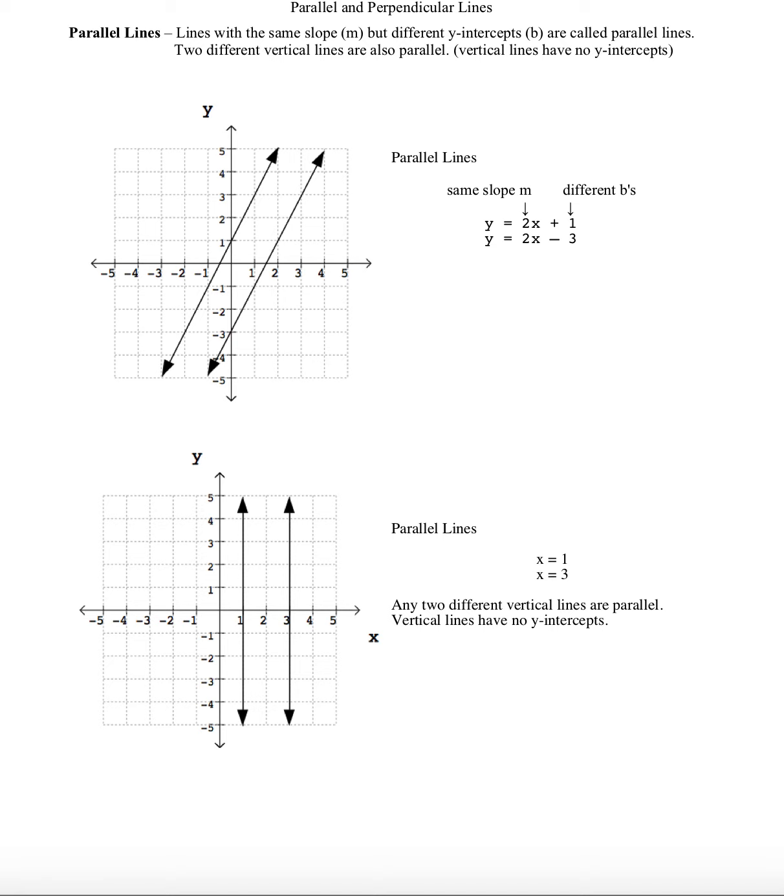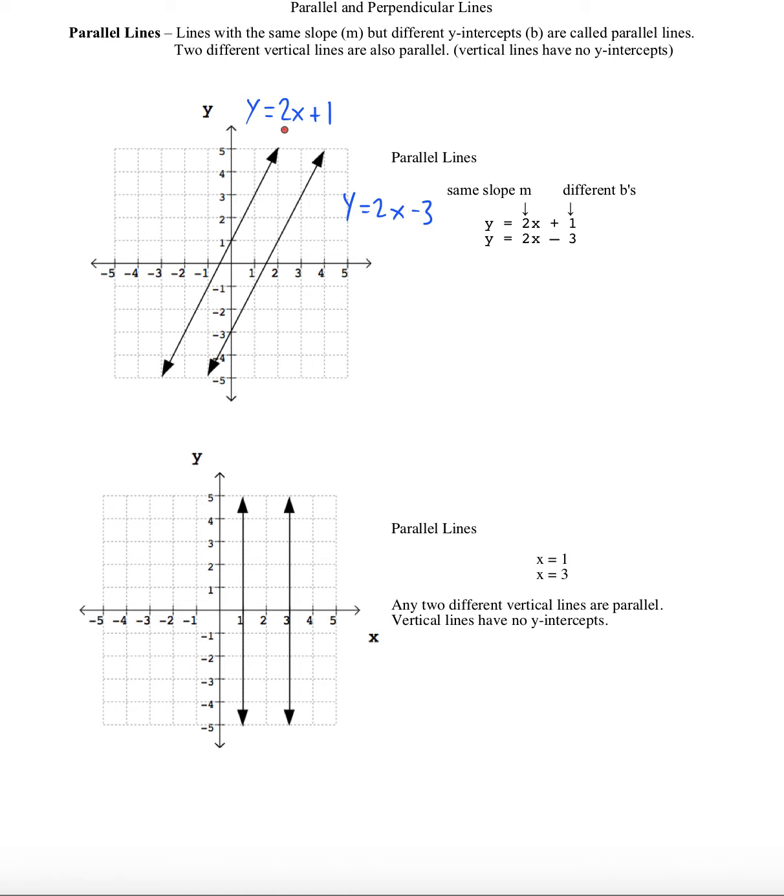Parallel lines are two lines with the same slope but different y-intercepts. The equations of the two lines shown at the top here are y equals 2x plus 1 for the one on the left, and y equals 2x minus 3 for the one on the right.